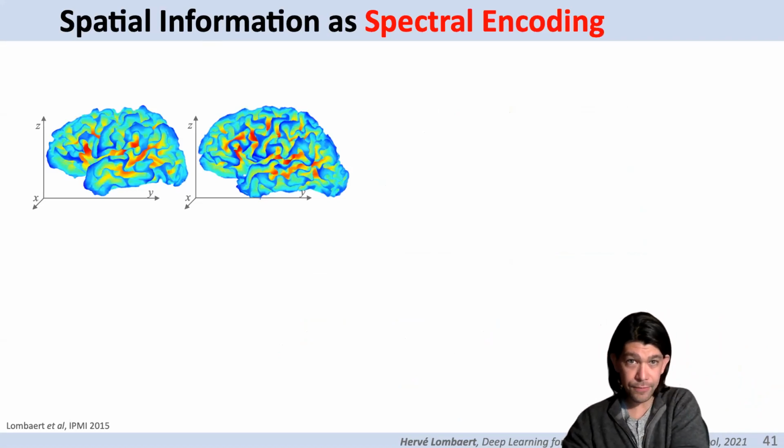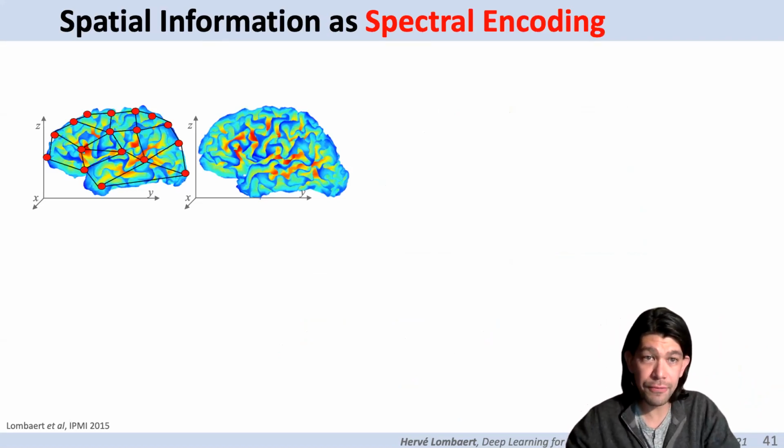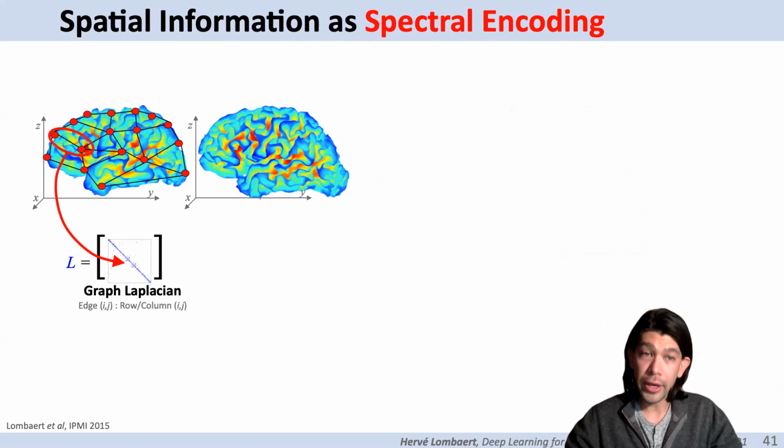So you have those meshes. From those meshes, you build a graph. Again, for two neighboring points, you construct a graph Laplacian matrix. This is a matrix that reports basically affinities between graph nodes.